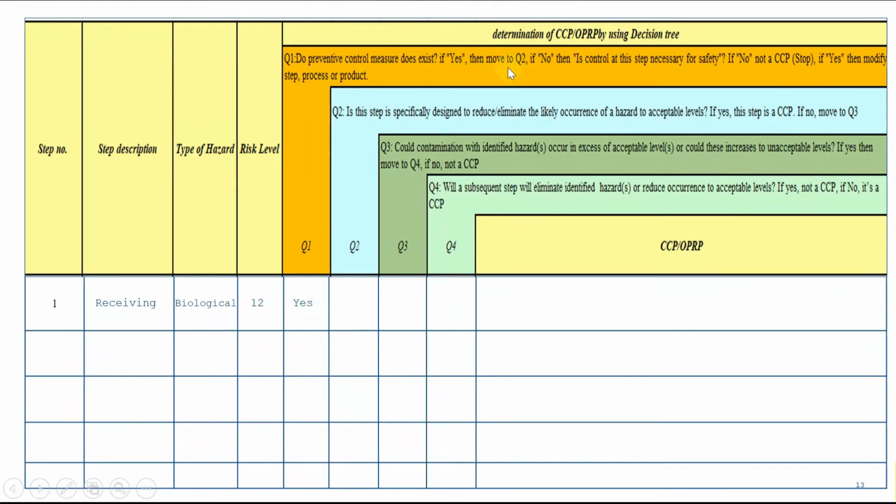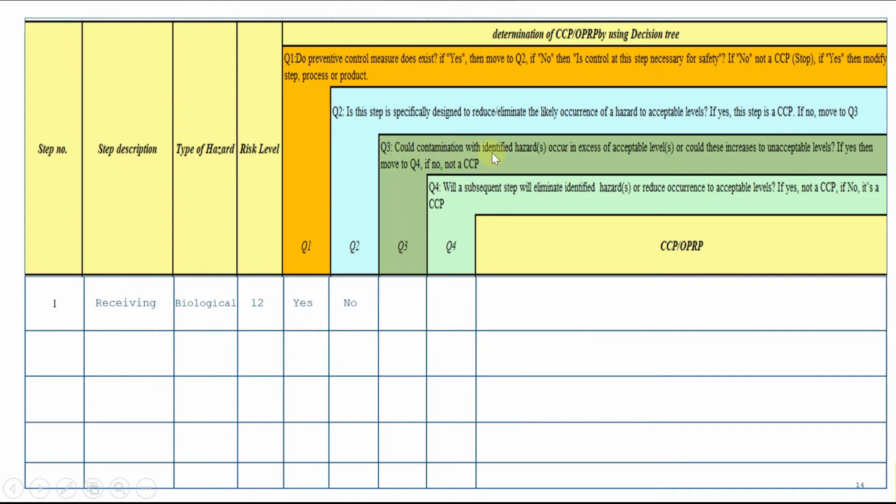If my answer is yes, then you need to move to question 2. Is this step specifically designed to reduce or eliminate the likely occurrence of a hazard to an acceptable level? The answer is no. This step is not defined for that purpose. If the answer is yes, then it will be a CCP, and you can directly mention it as CCP.